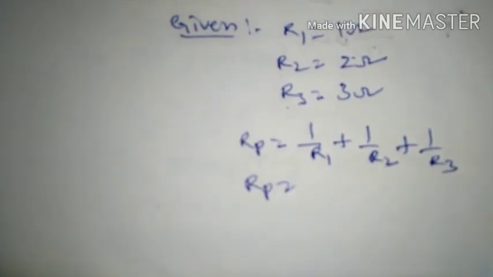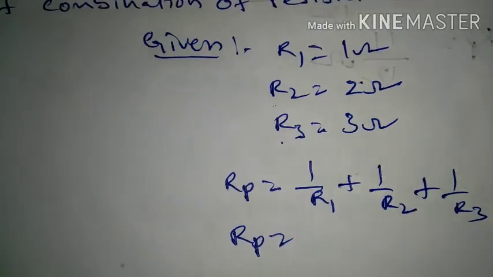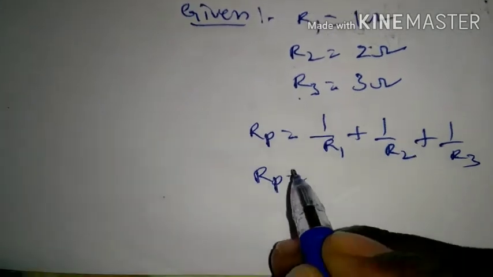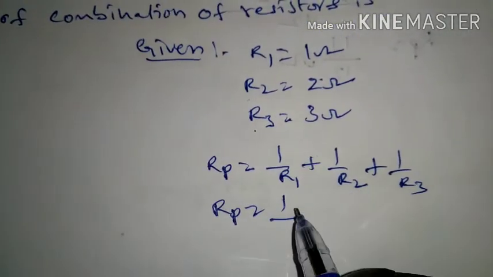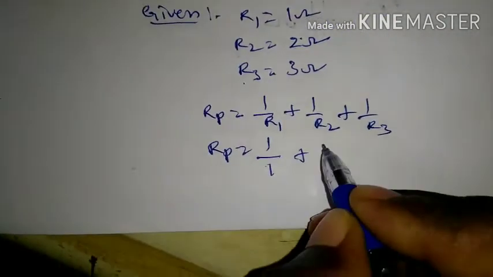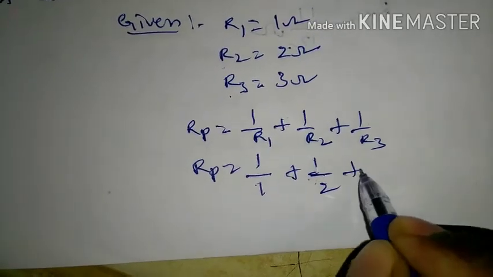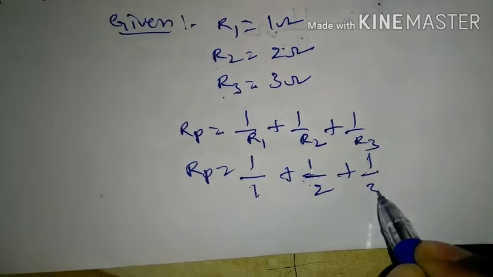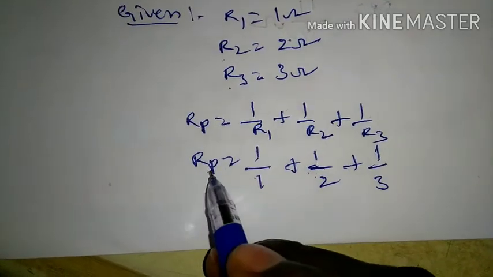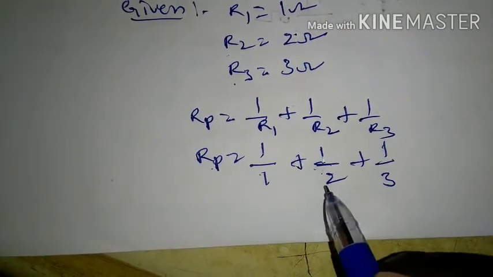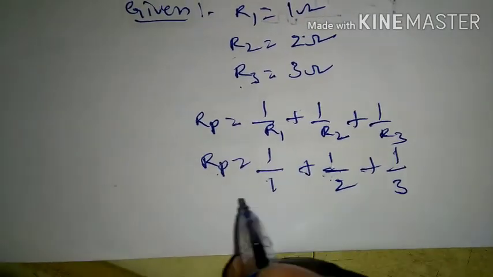1 by Rp is equal to 1 by 1 plus 1 by 2 plus 1 by 3.